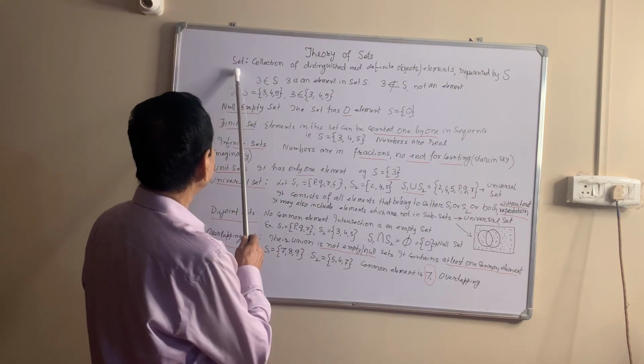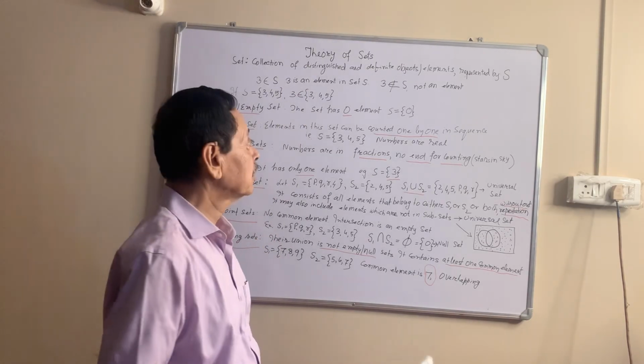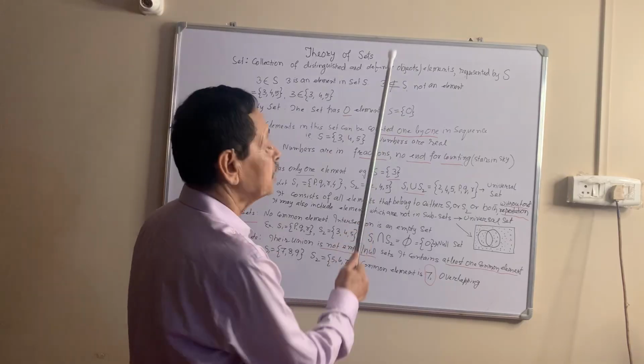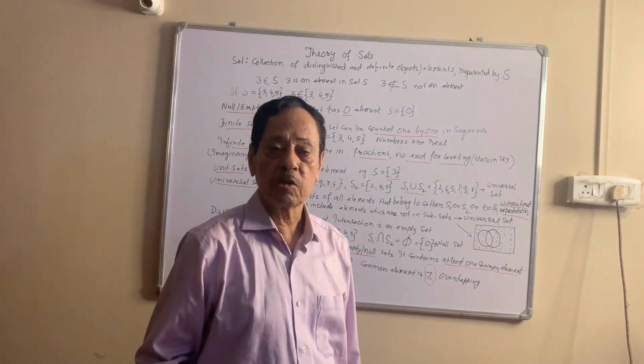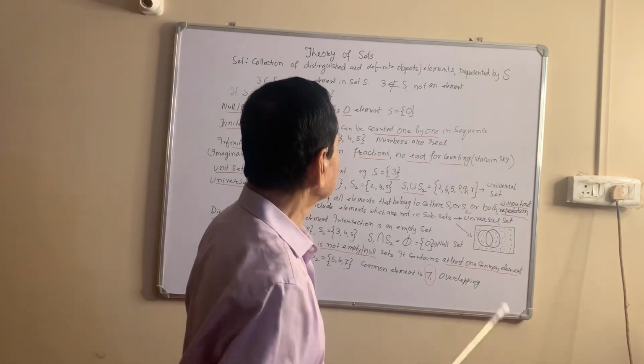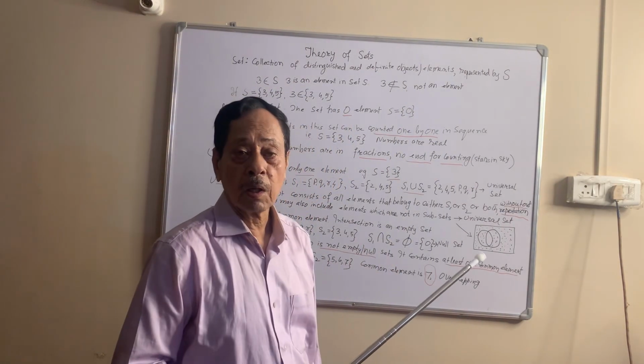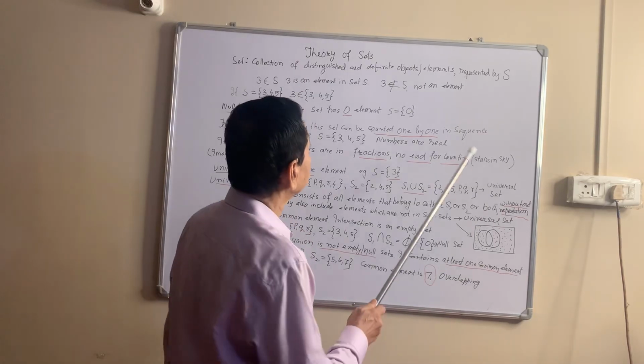Sets are a collection of distinguished and definite objects. They should be distinguished and definite, countable and enumerable.